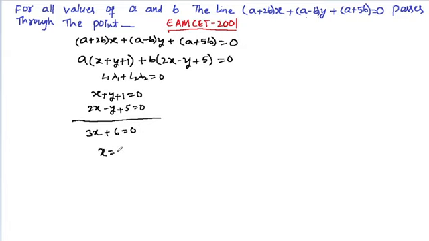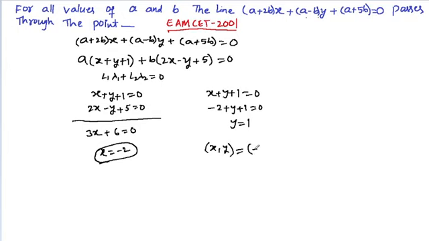From this equation x is equal to minus 2. Substituting x is equal to minus 2 in the first line, minus 2 plus y plus 1 is equal to 0, so y is equal to 1. Therefore for all values of a and b, the given line passes through the point (x, y) is equal to minus 2 comma 1. That is the answer.